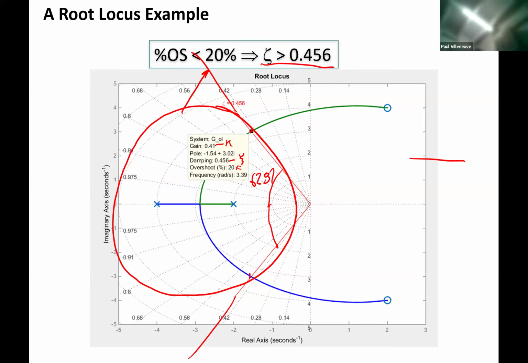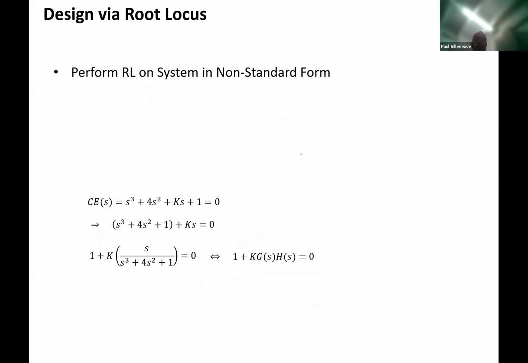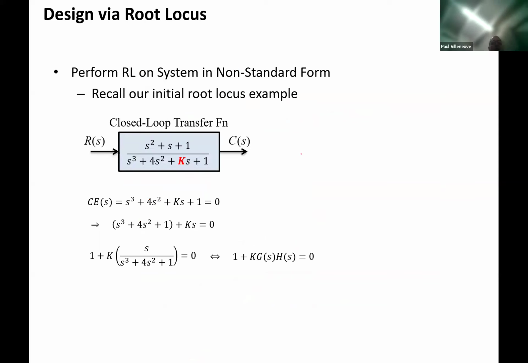It tells me my percent overshoot. And then this is omega sub n, what the undamped frequency would be. It tells you all that information, one kit and caboodle. What if we have a system that is not standard? So what we had before is we had K over here, and then we had a block and a block over here.